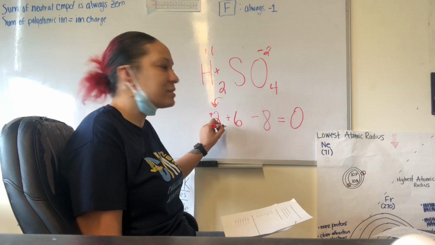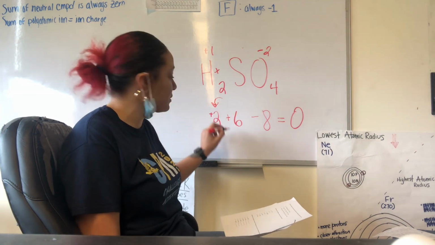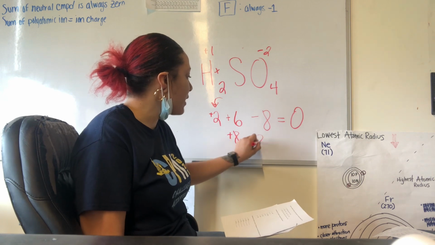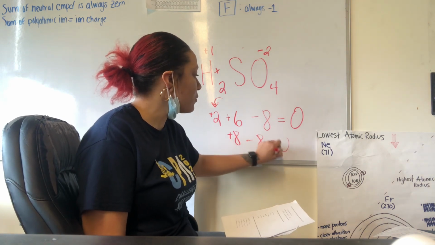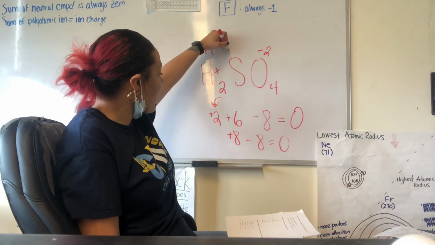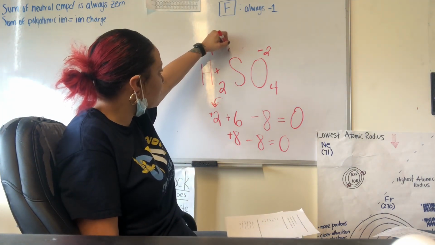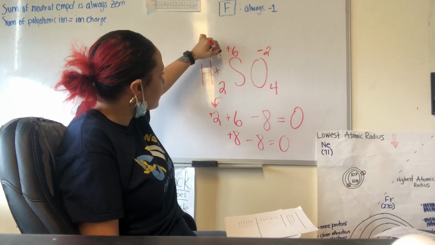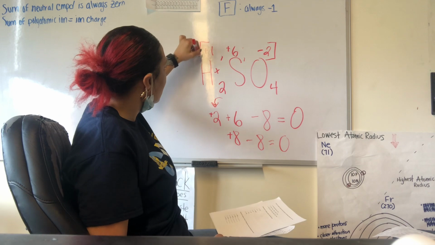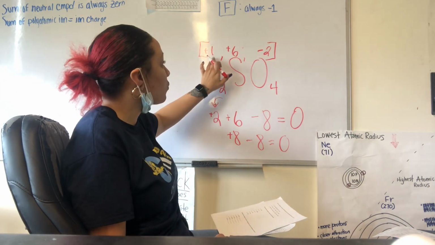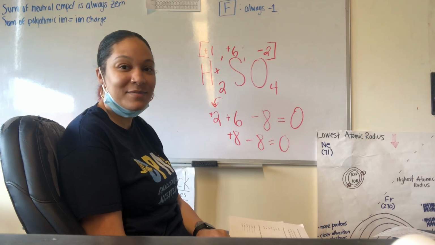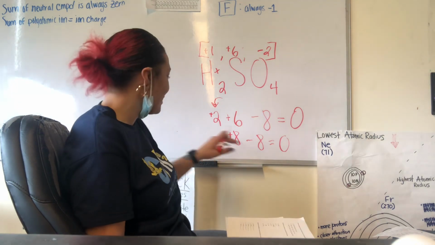Because positive 2 plus 6 equals positive 8. Minus 8 equals 0. So that's the right answer. So we're going to bring that 6 up here. So this is your answer. The 1, the 6, and the 2. Okay? And that's how you do it.